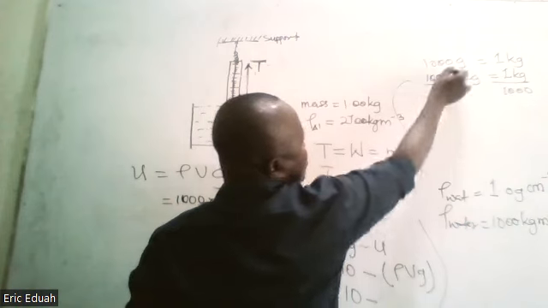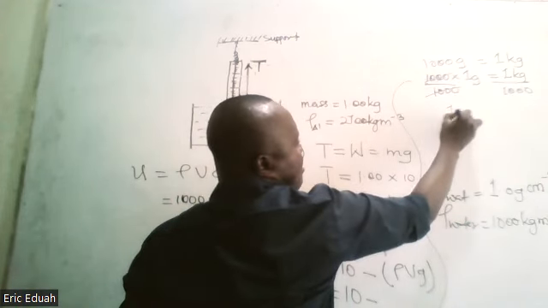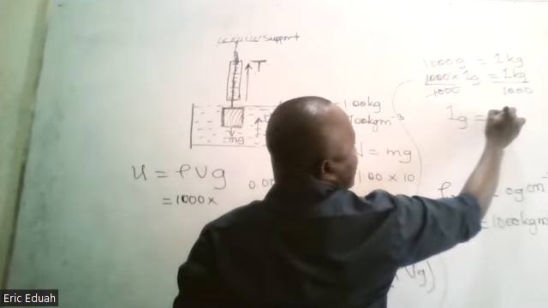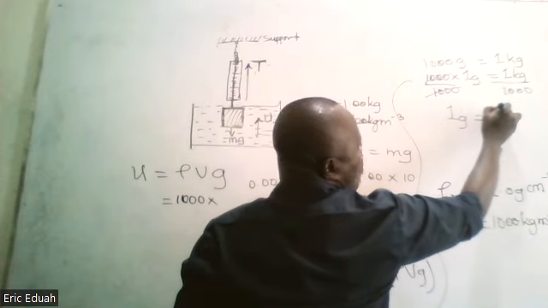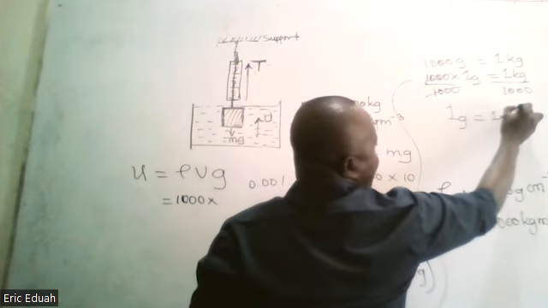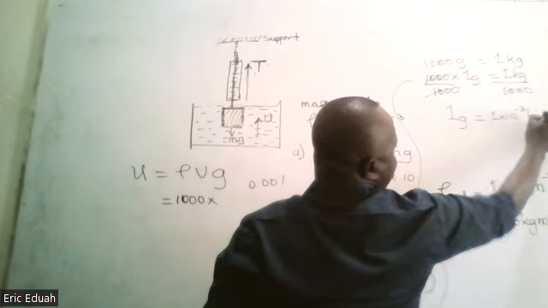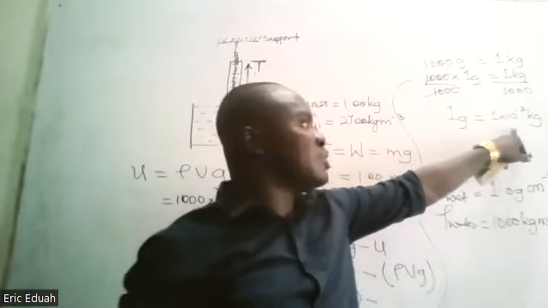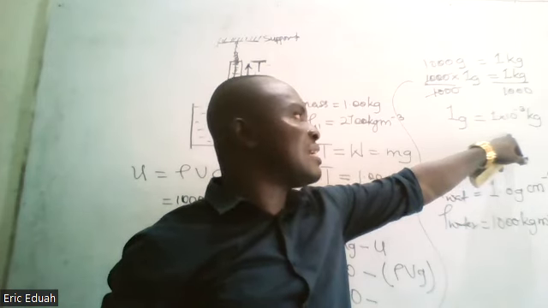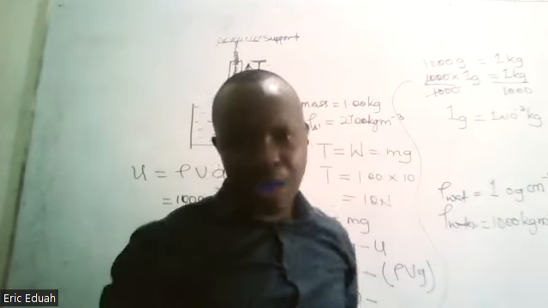So this and this will cancel. So I have 1 gram is equal to 1 times 10 to the power negative 3 kilograms. So class, it means that 1 gram is equal to 0.001 kilogram. Are we okay?